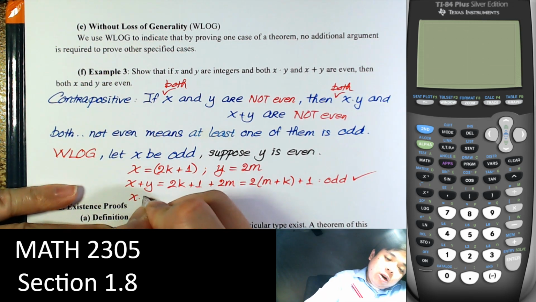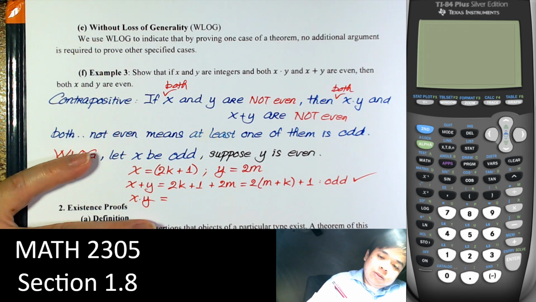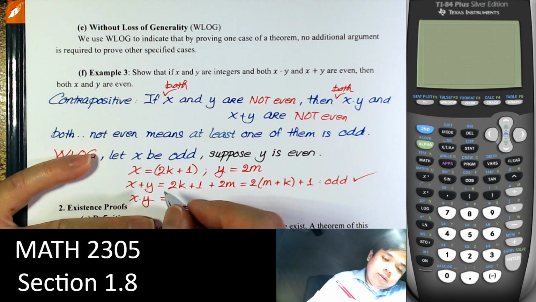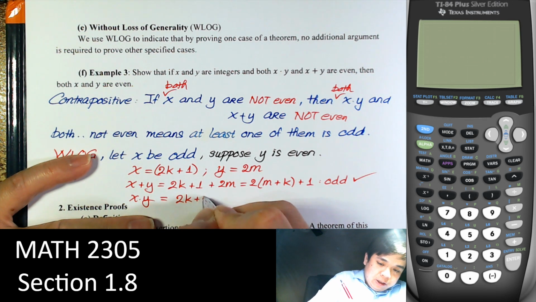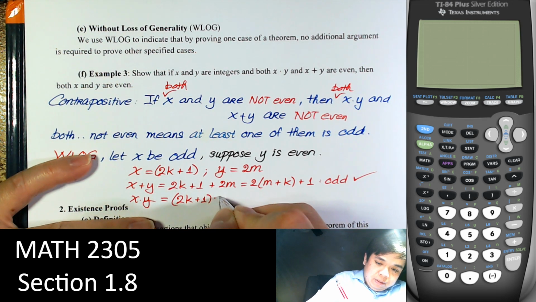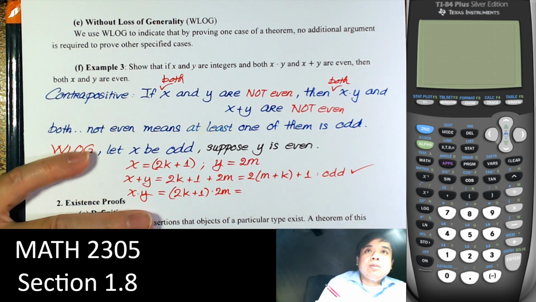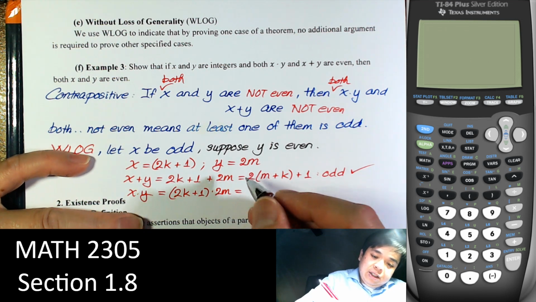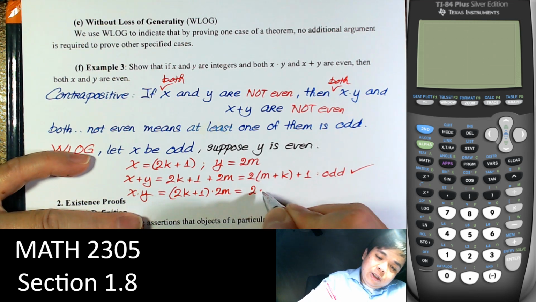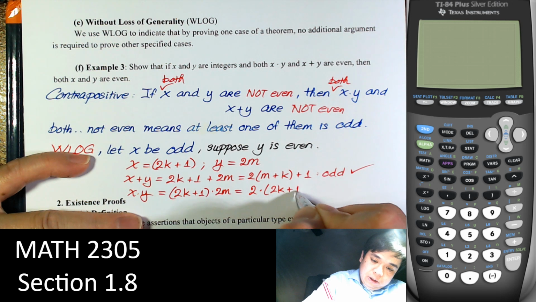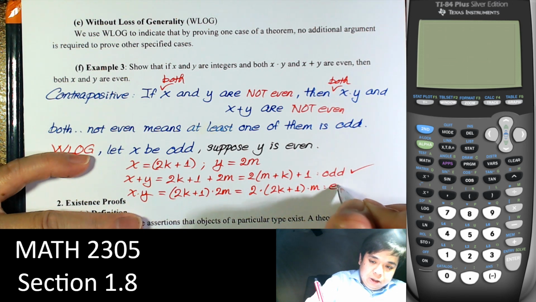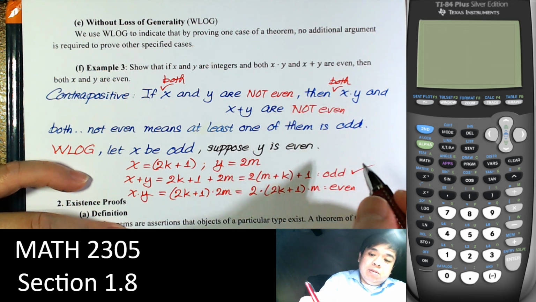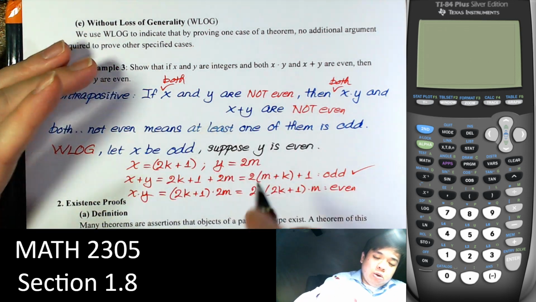How about x times y? 2k plus 1 times 2m. Well, this is even because there's just a 2. It doesn't matter. One of them is odd, so that means not both of them are even. So that's okay. In general, so that checks.